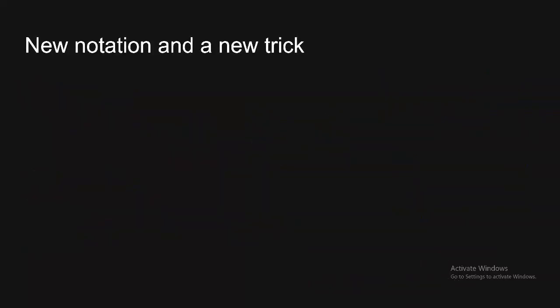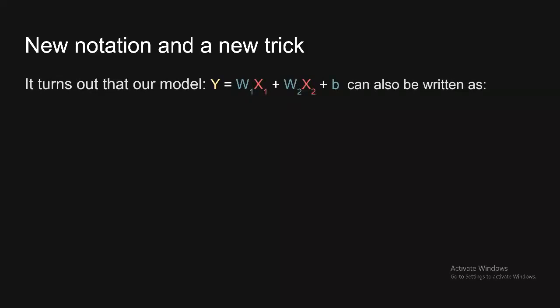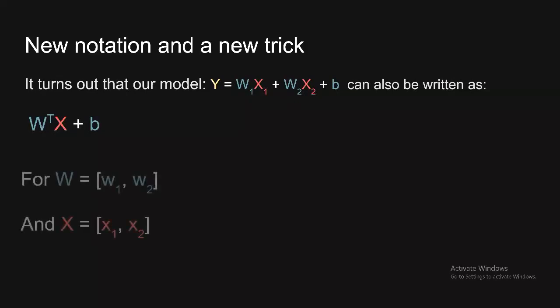Neat. Now I tried to introduce this notation a bunch of times, but I'm going to do it again. We have this model, but we're going to write it as a matrix multiplication. I'd like you all just to take my word for it at this point.